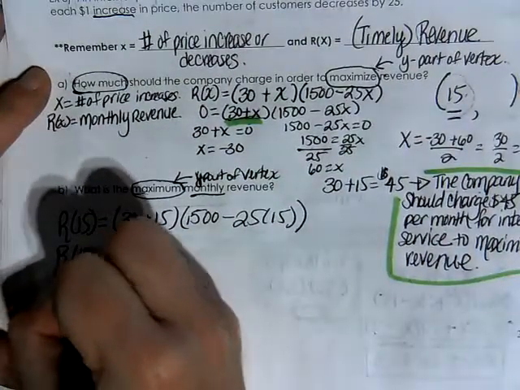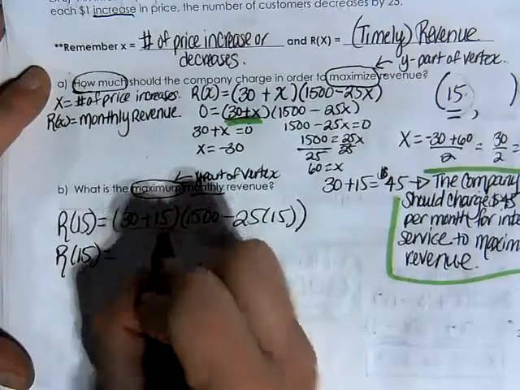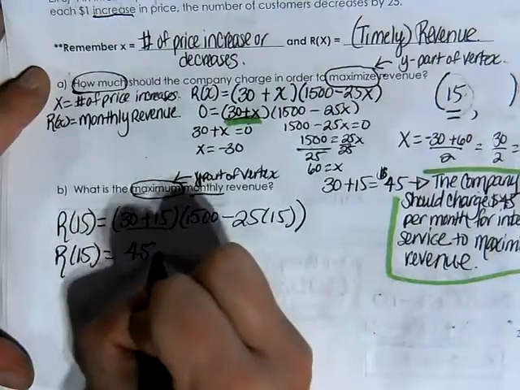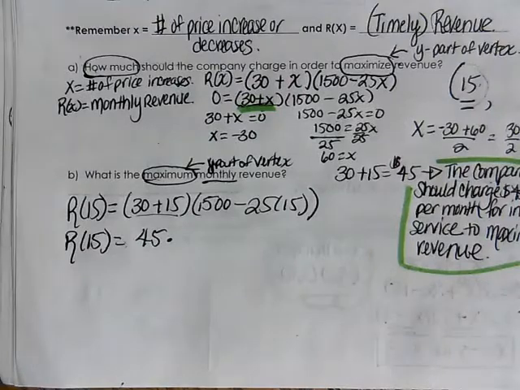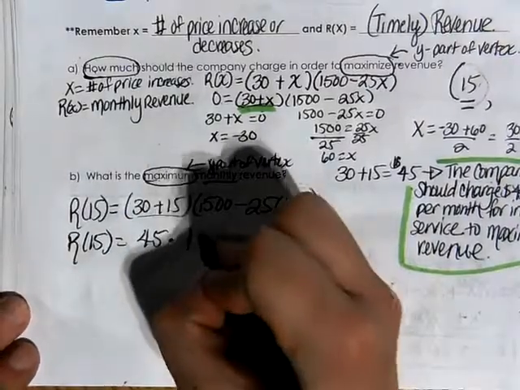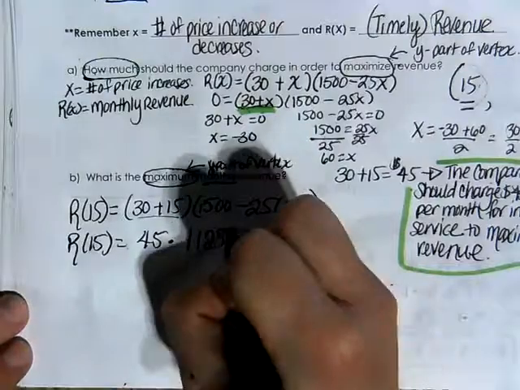So R of 15 is going to be equal to 30 plus 15, that is 45, and 1,500 minus 25 times 15 is $1,125.